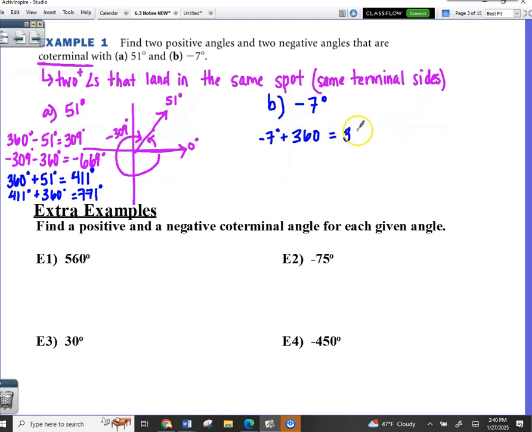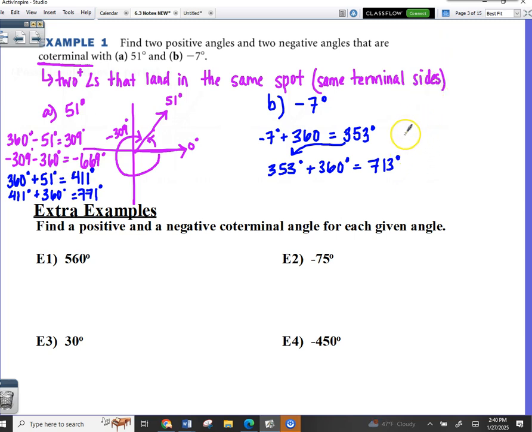What'd you get? 353. So there's a positive coterminal angle. We want another positive. This is a domino effect. Take that 353 and add another 360. What do you get? 713.